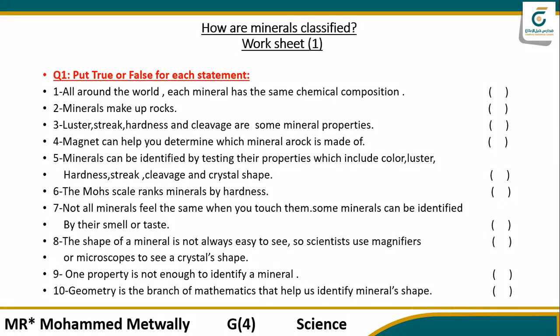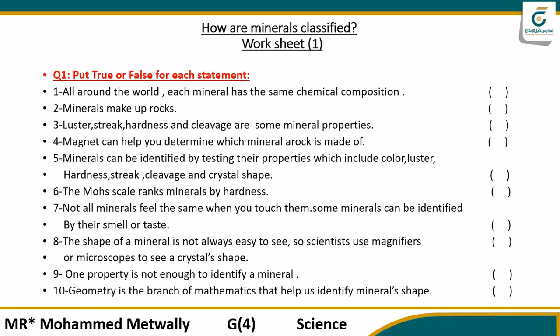So magnifiers and microscopes are tools that help scientists enlarge small things. So number 8 also is true. Scientists in fact use magnifiers and microscopes to see and search about the shape of the crystals.